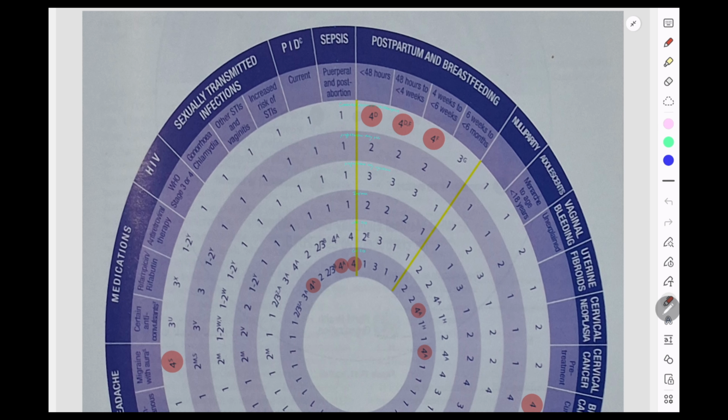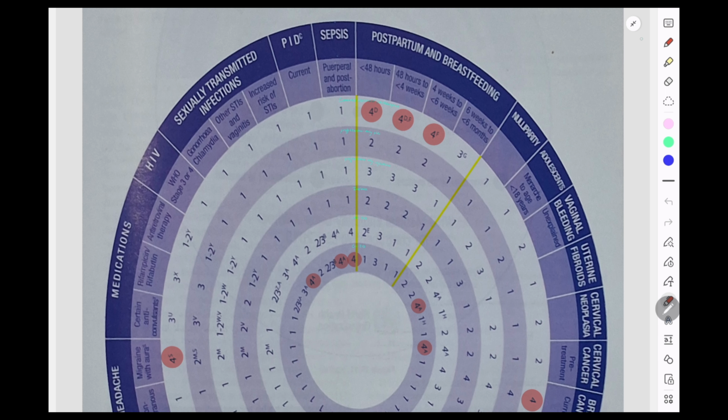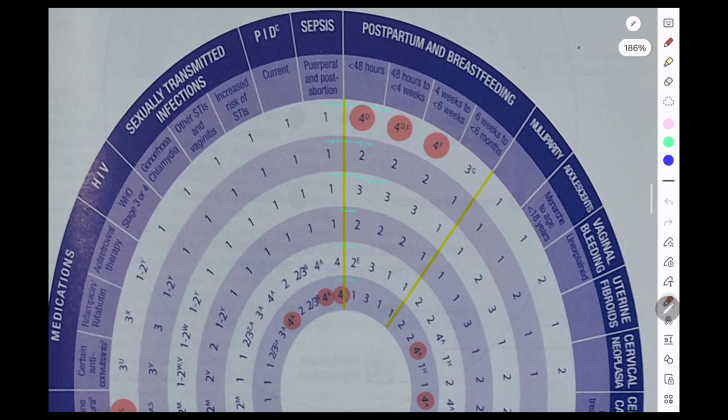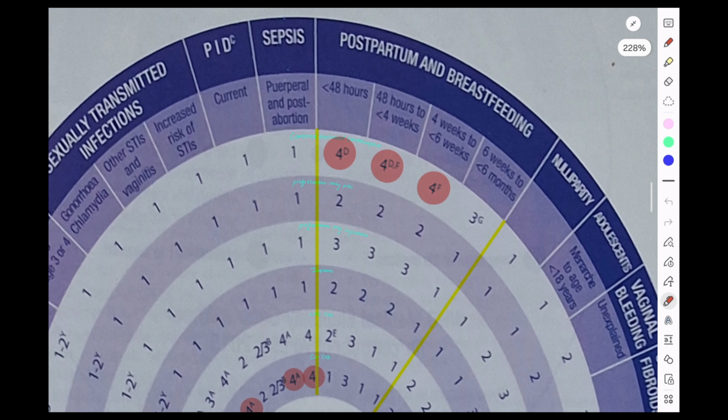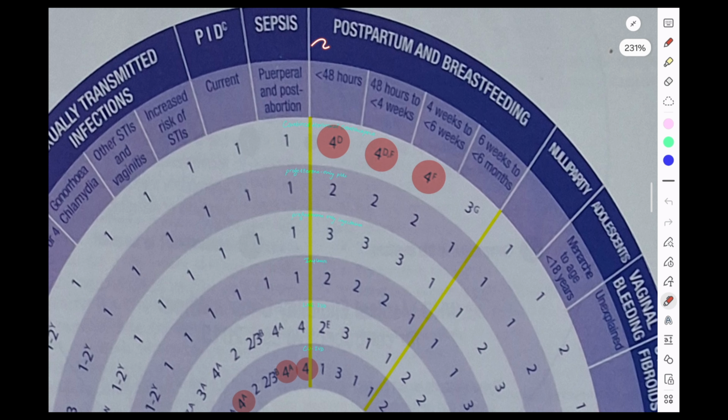This is the most important thing here. Now suppose we need to give a contraceptive for a postpartum and breastfeeding female. From this wheel only you can get to know what contraceptive is the best one and what is contraindicated. If postpartum is less than 48 hours, the outermost, combined hormonal contraceptive, is contraindicated, and the most used is copper IUD.